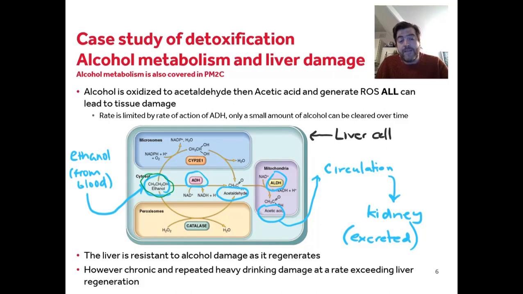But the liver is resistant to alcohol damage because it's able to regenerate. If it receives a little bit of damage, the liver is able to regenerate on its own. It can produce more hepatocytes quite rapidly, and it can remain functional.